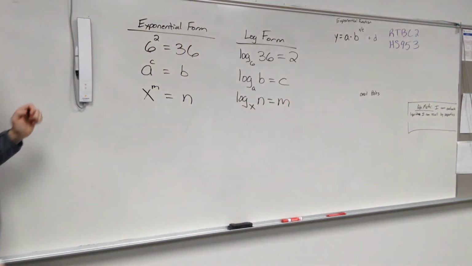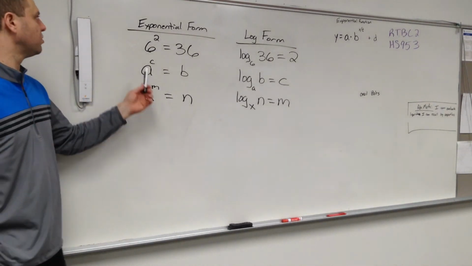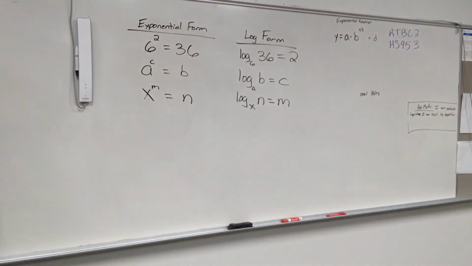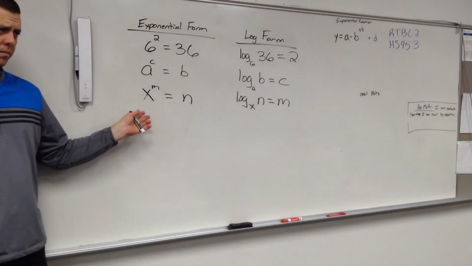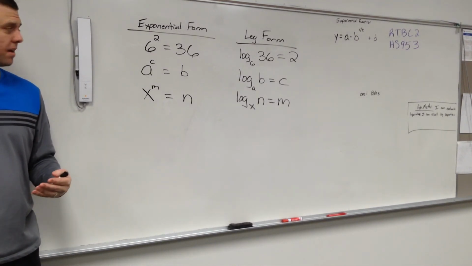Good. Sometimes this will come in very handy when you're solving some equations, your ability to change from one form to the other. Ringing a bell somewhat still? Okay, any questions?